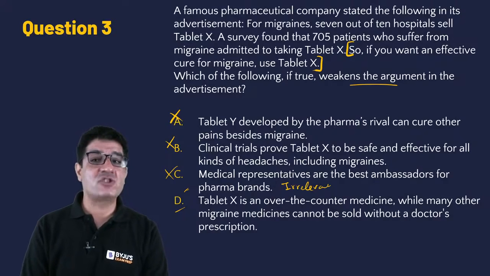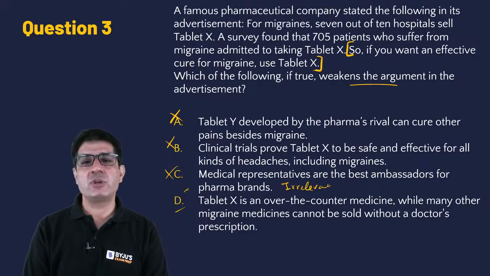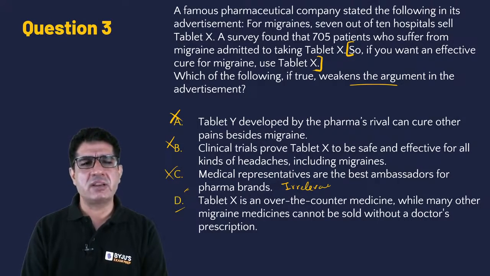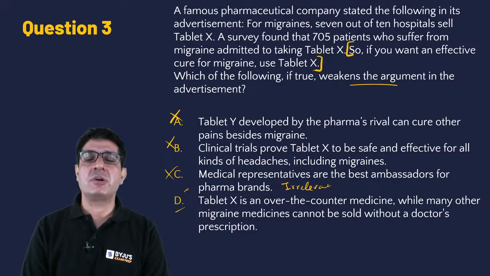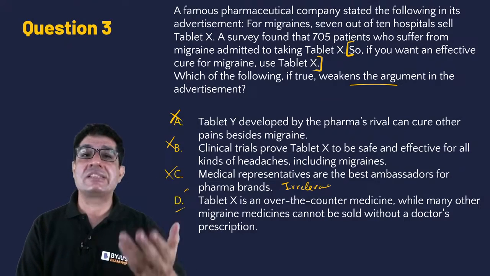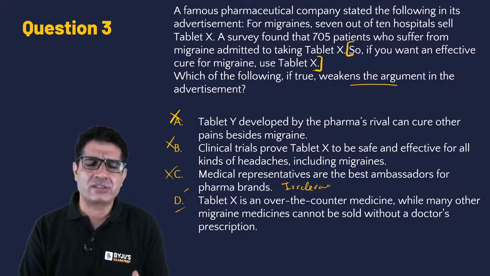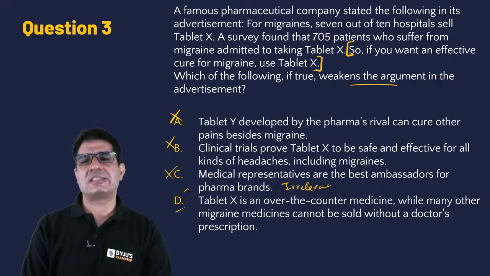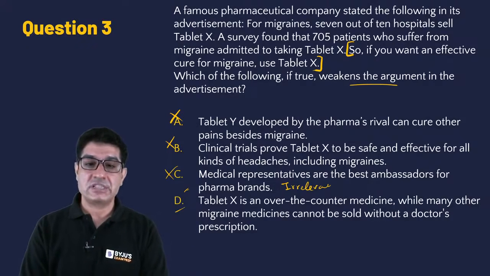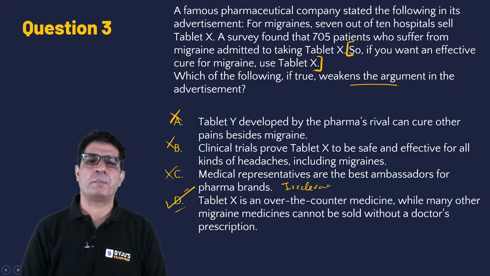So if D is true, tablet X may not be the most effective cure for migraine. People opt for it merely because it is easily available, despite being the second best or the third best, thus they take it. So that is why I think the best answer for us here is option D.